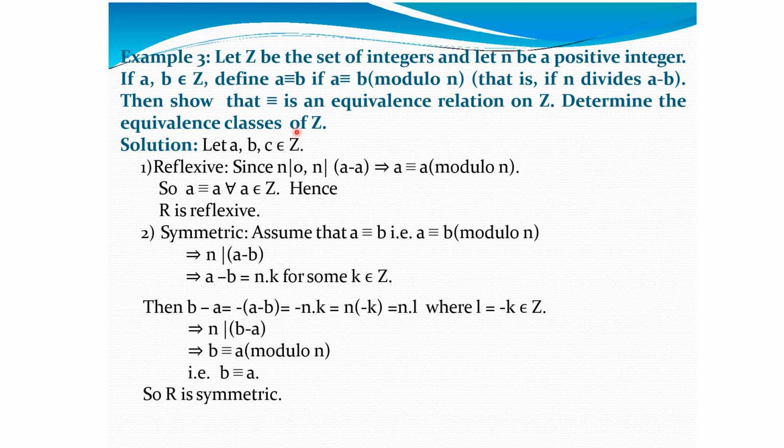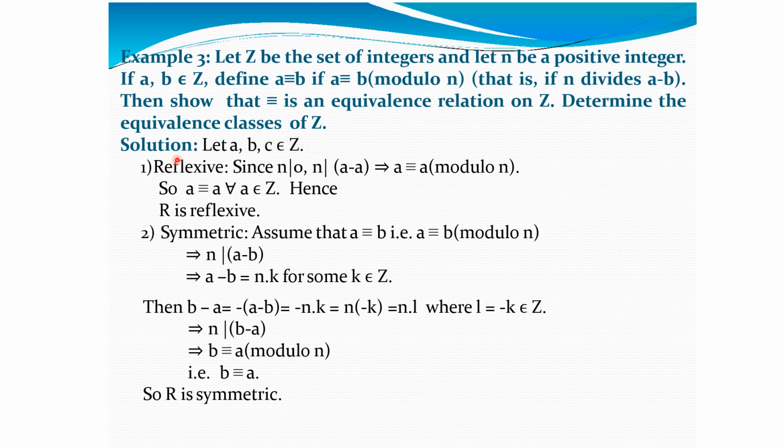So this relation is an equivalence relation on Z. Determine the equivalence classes of Z. Here first we have to show that the relation is an equivalence relation on Z. It means we have to show that it is reflexive, symmetric and transitive. In all, we require three elements of Z to prove these three properties.